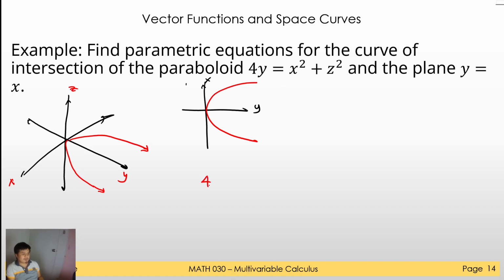So we have here 4y minus z squared is equal to x squared. Okay, and then simplifying this, we have y minus z squared over 4 is equal to 1/4 x squared.